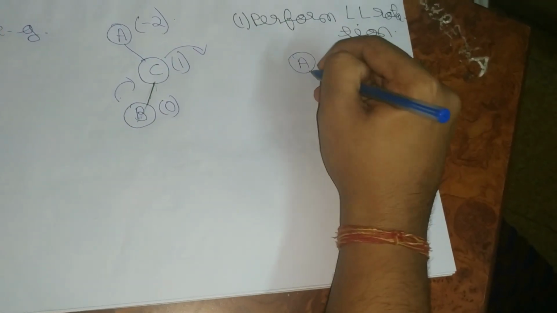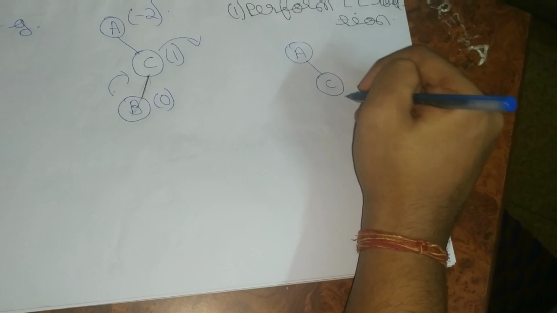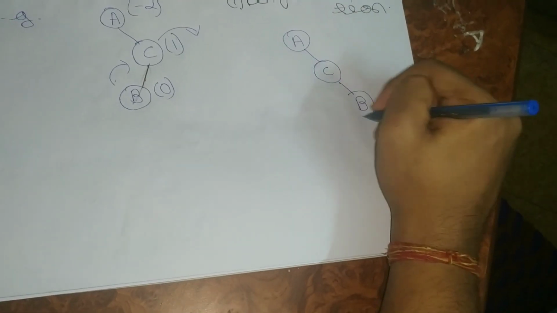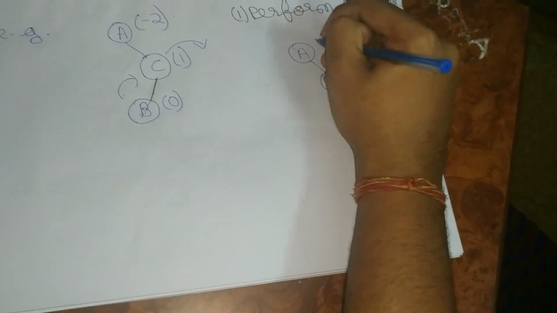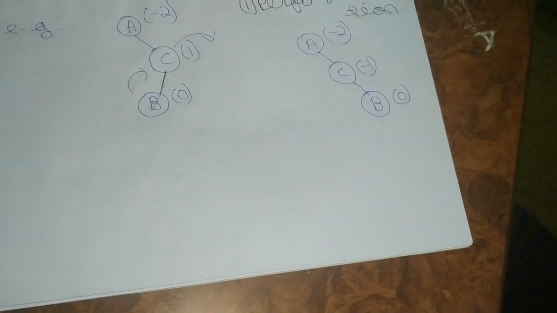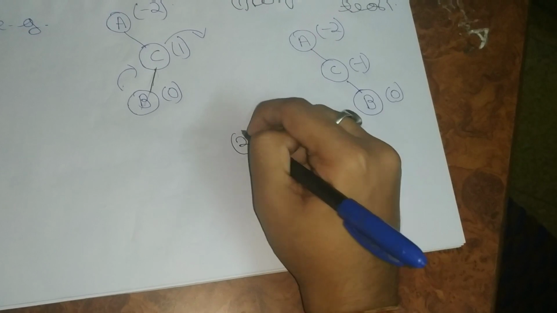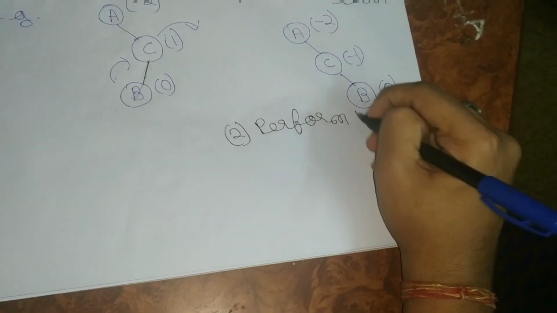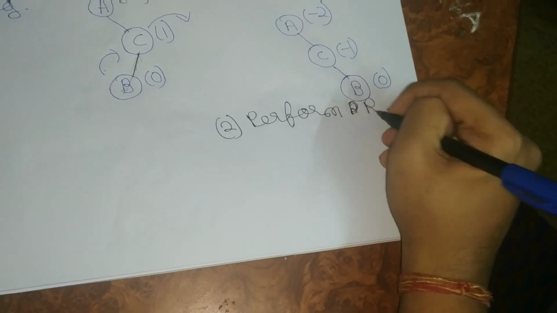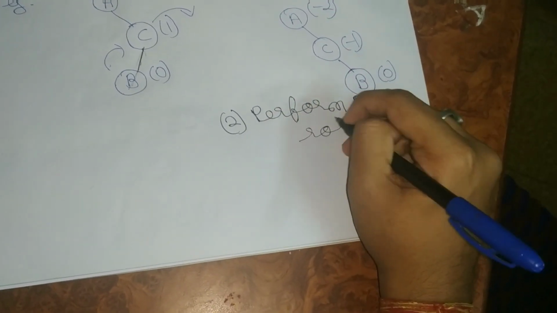So what will it become? A, C, B after performing left rotation. So this is 0, this is -1, this is -2. Okay, so see, then perform right rotation.